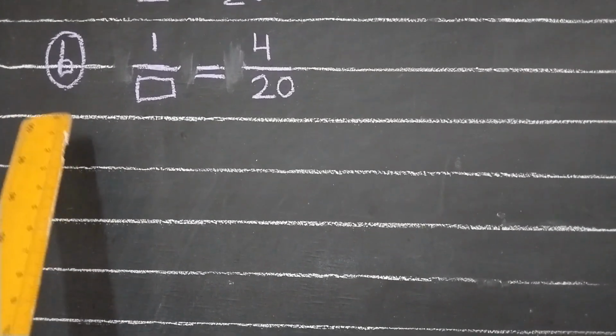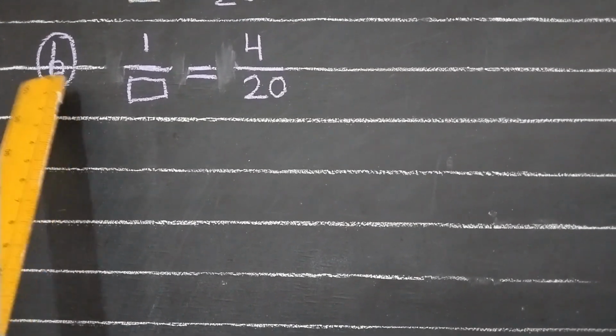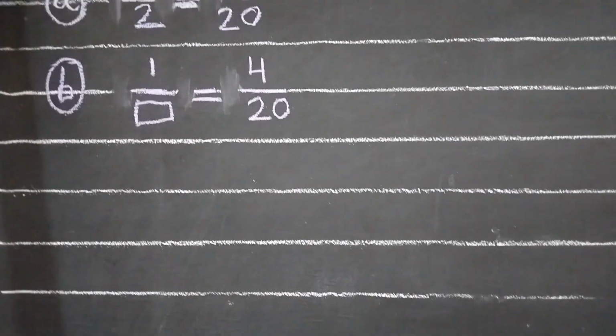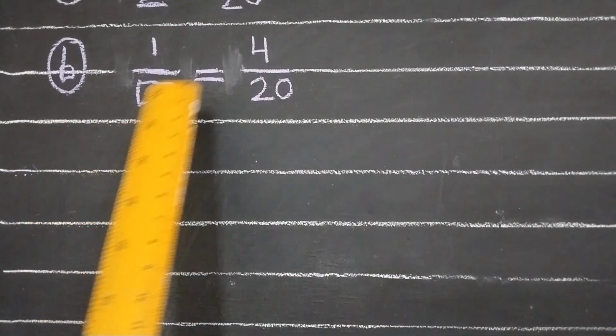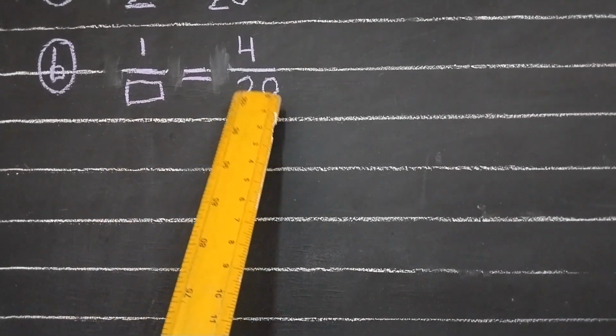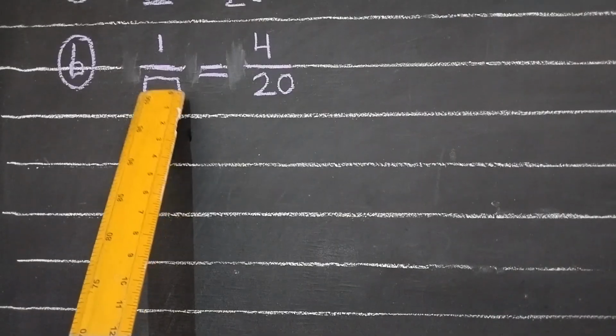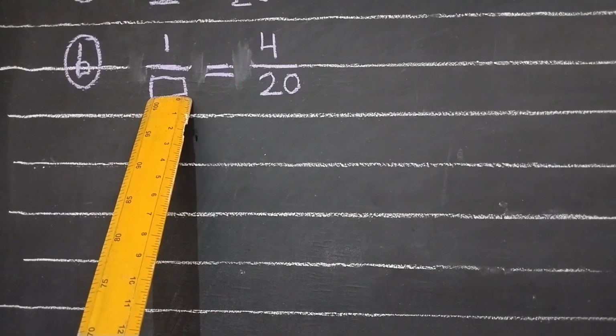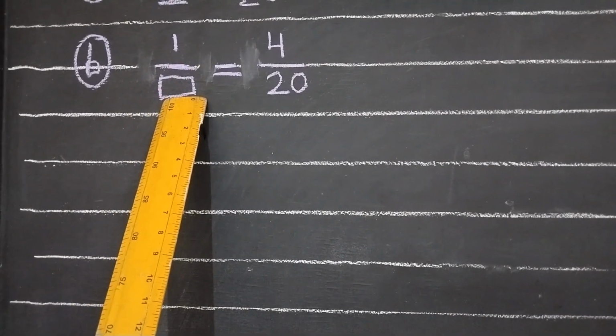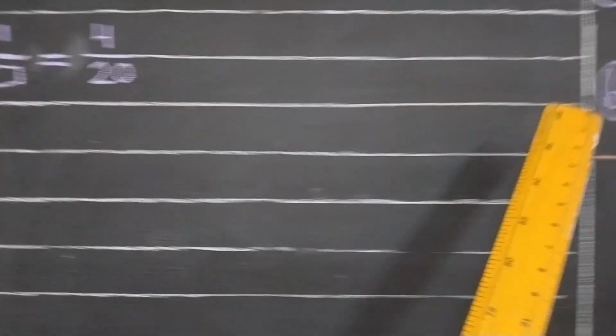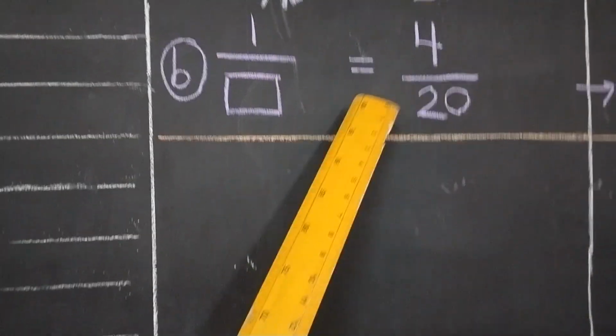Now let us cover part B of question number 1. Here the equivalent fractions are given, but both numerators are given and one denominator is missing, which we will have to fill up. Now our thinking starts. This is what is given.